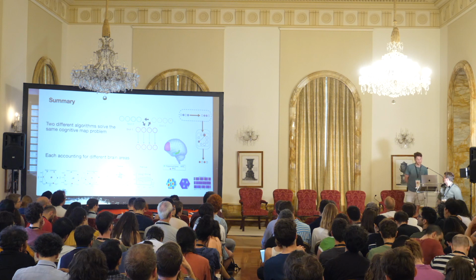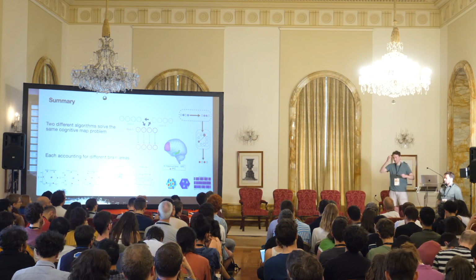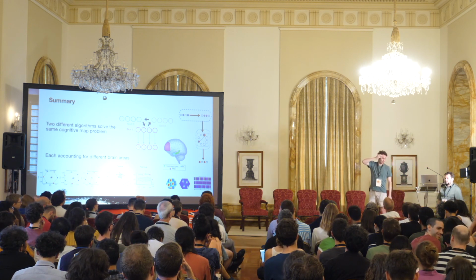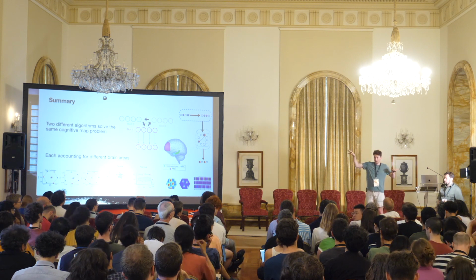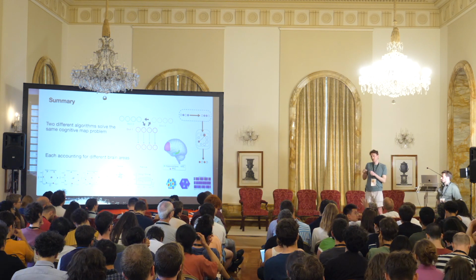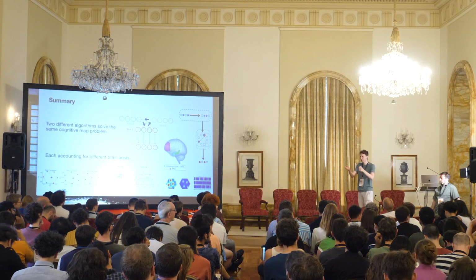Thanks. I tried to allude to this, but this is some of the data I didn't present, both in model and in experimental data. Rather than having these discrete slots, which people in working memory don't really like the idea of, you can essentially have it as a continuous attractor, and you have this sort of slot manifold.